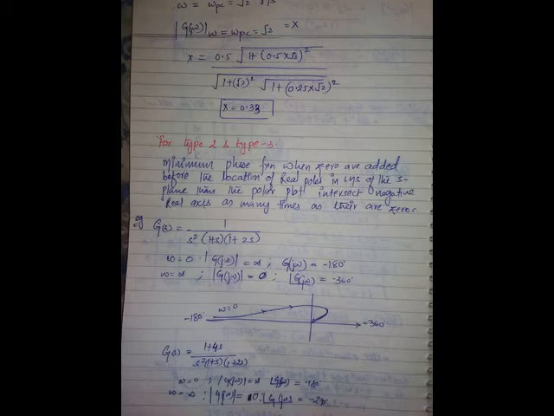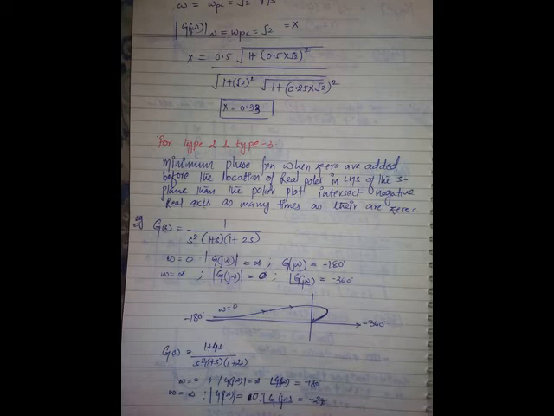Then tan inverse of 0.5 omega, minus tan inverse of omega, plus tan inverse of 0.25 omega. Overall angle will become minus 180 plus tan inverse of 0.5 omega plus tan inverse of 0.25 omega minus tan inverse of omega.